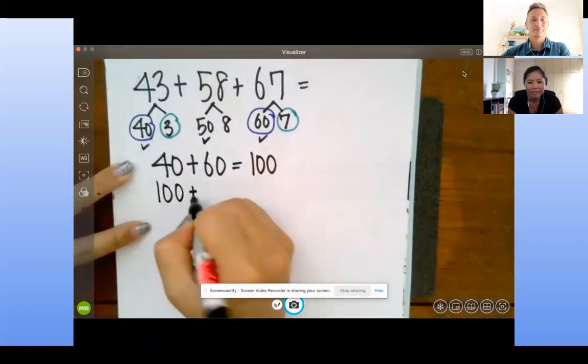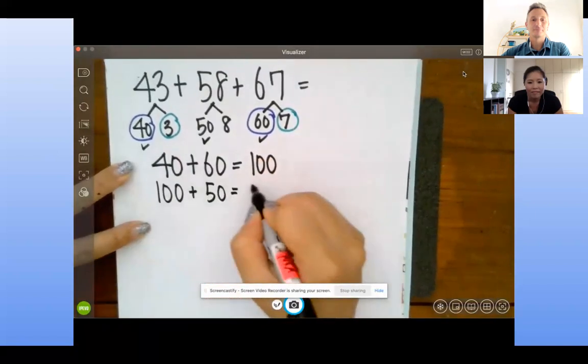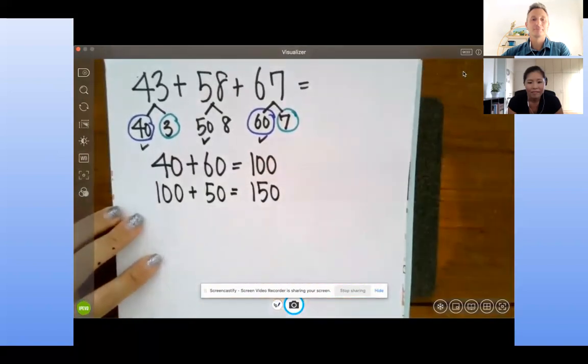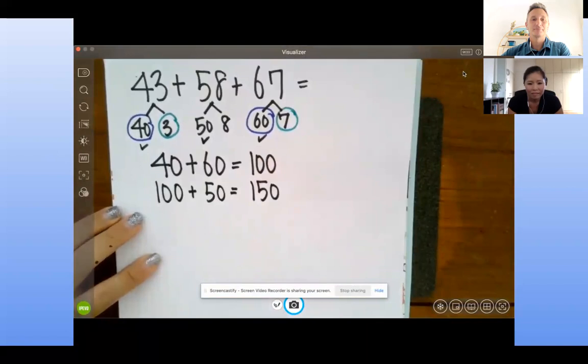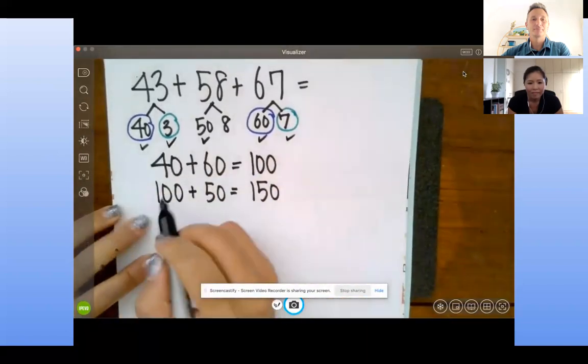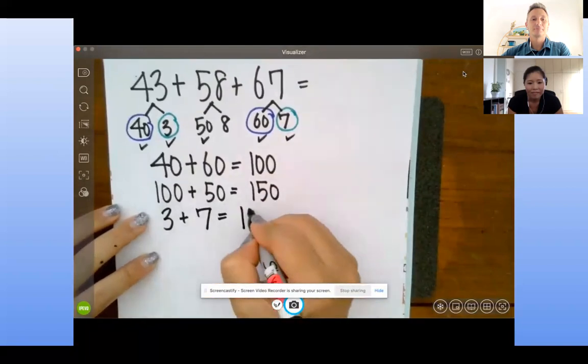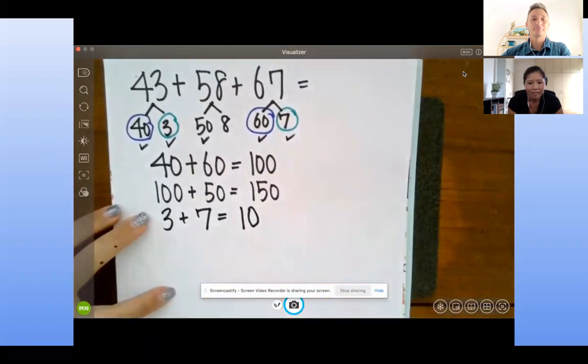Then I'm going to add the other 10. So 100 plus 50 is 150. Then I'm going to move on to adding the ones. I'm going to do 3 plus 7 because I know that's friends of 10. That was quick.